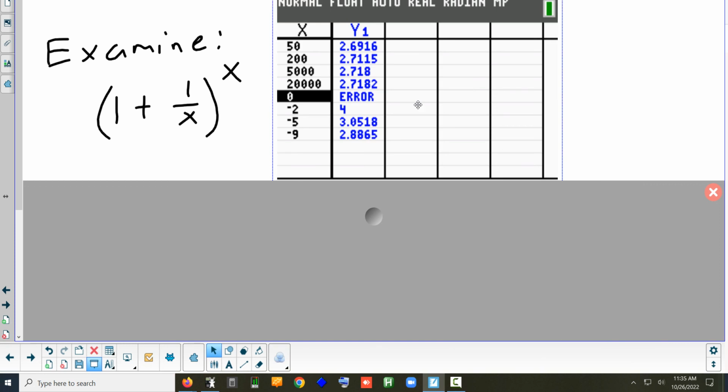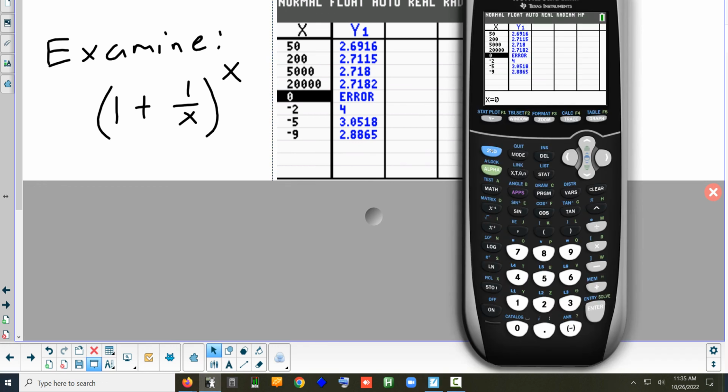Anybody see what number it looks like it's getting close to? 2.72 or 2.71. Yeah, it's getting very close to this number, 2.71828. And if you do it on the negative side, it does get closer and closer to that.